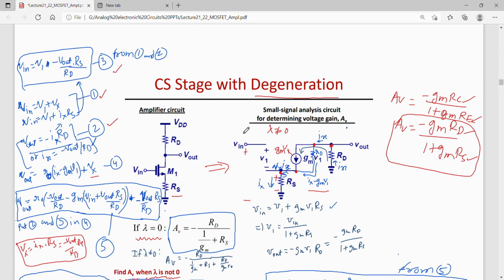Now at this node V out, this V out is actually equal to the drop across R0 plus the drop across Rs. So I can write V out as the drop across R0, which is (Ix minus Gm V1) multiplied by R0, that is current through R0 multiplied by R0, plus Vx, which is Ix Rs.